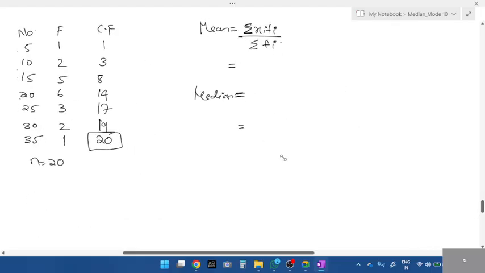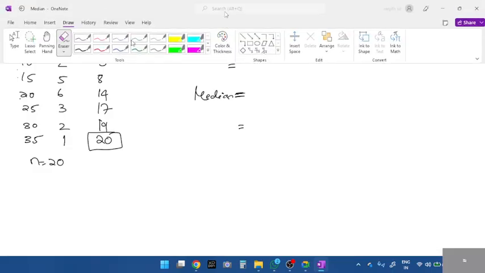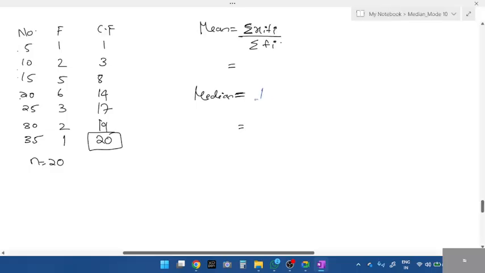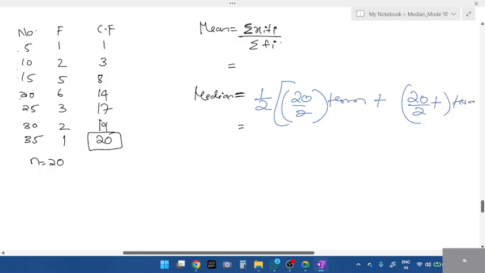For even, you use that formula. Then what are you answering? 20 plus 1. Tell me. 20 by 2 term plus... next step. What is 10 plus 1?